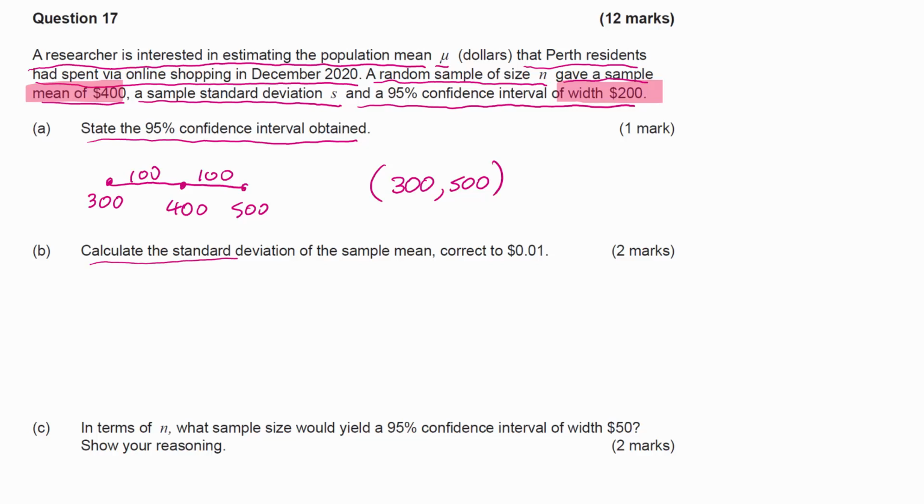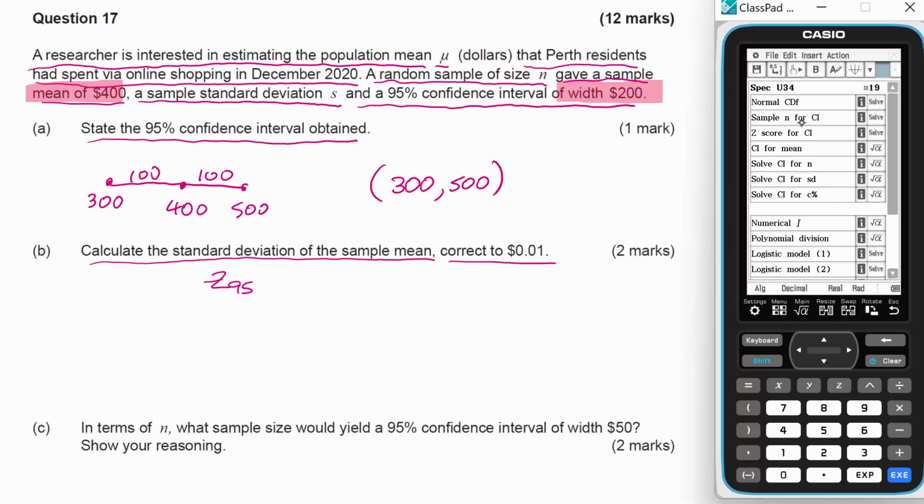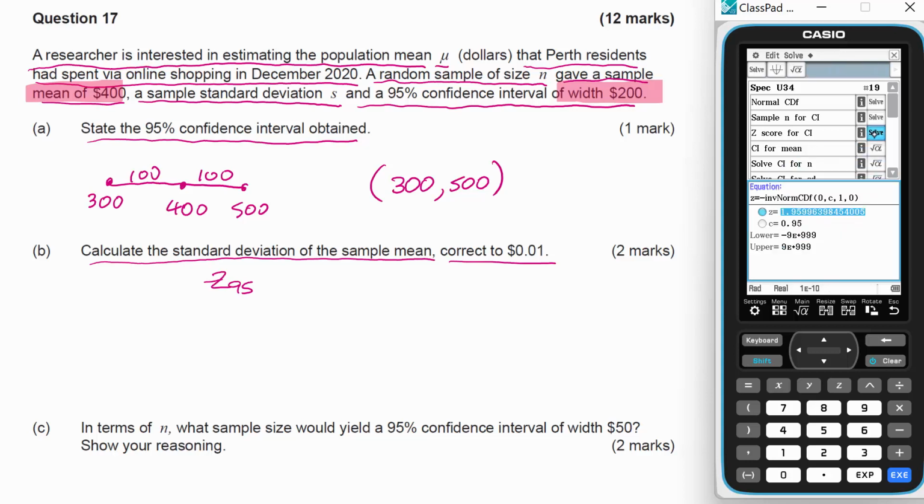Calculate the standard deviation of the sample mean correct to 1 cent. So it's a 95% confidence interval, so we need the value for Z95. I can find that from my e-activity, with the z-score for confidence interval set to 95 at the moment. So I can see that's 1.95996.